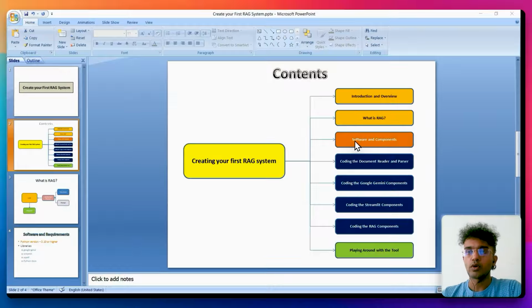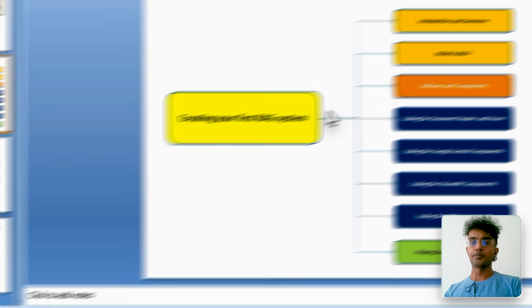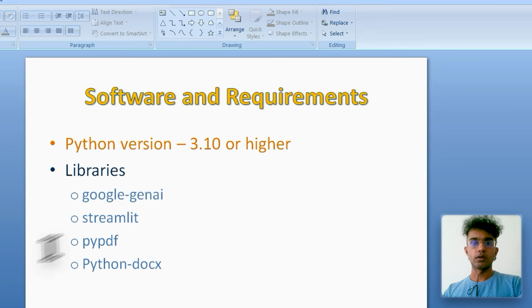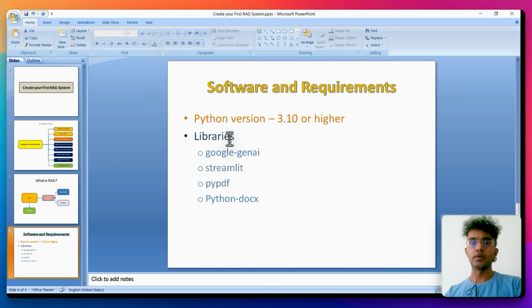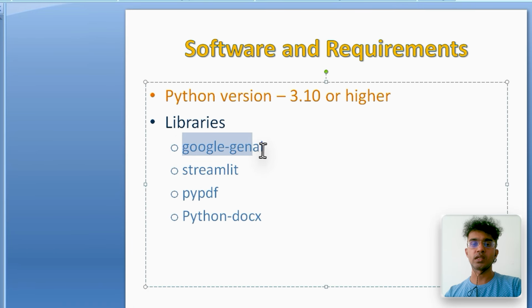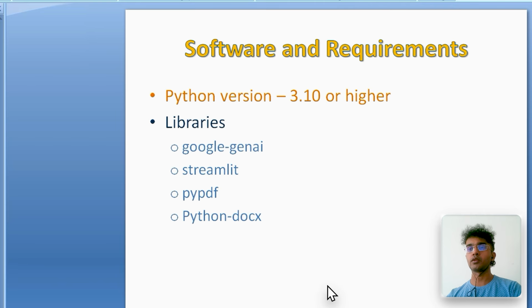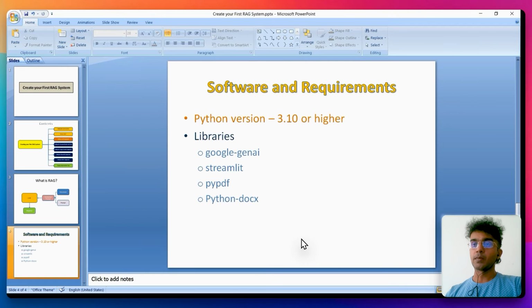So let's have a look at the software and components. The first thing that you require is a version of Python that is 3.10 or higher. The four libraries that we would require for this project are, first, Google Gen AI, because we're going to implement this RAG using Google Gemini as the large language model. Then the user interface is going to be in Streamlit, so we require Streamlit.